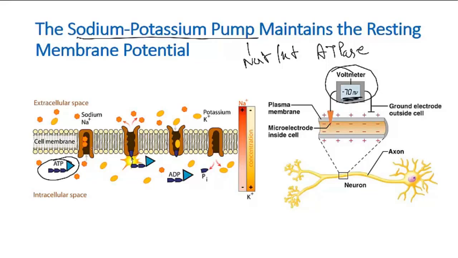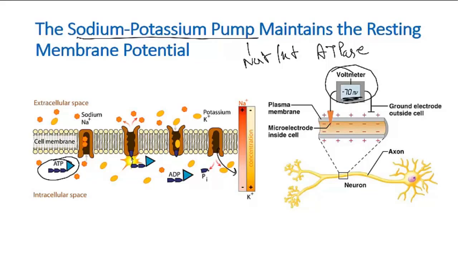Actually, I think 3 sodiums are attached, not 2. So it will open up, then the sodiums are transported out, then 2 potassium will interact, and the release of the phosphate group from the pump causes another structural shift that allows the potassium to flow in.